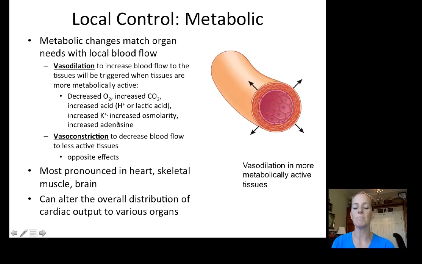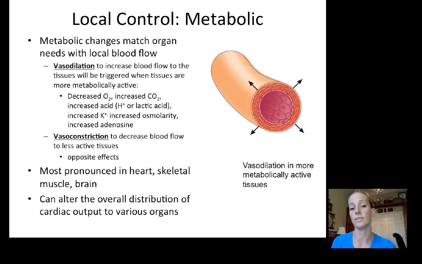All of those metabolic changes that happen when a tissue is very active will cause opening or vasodilating locally to that specific tissue. That increases the flow, say, to your quadriceps when you do squats, right? To get more blood flow to the more active tissues.